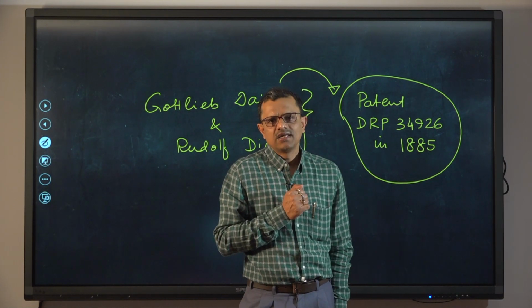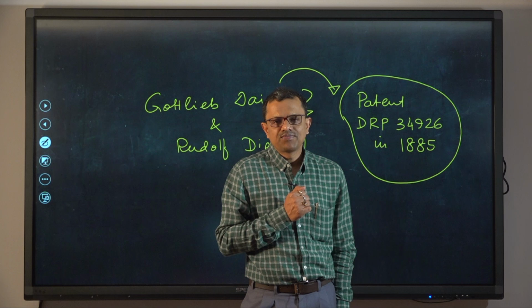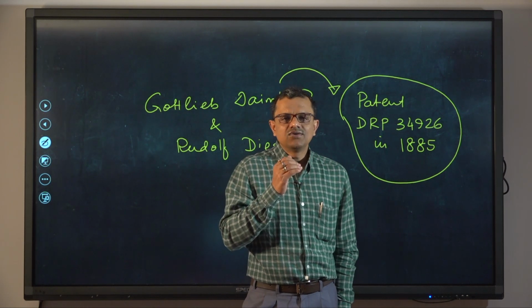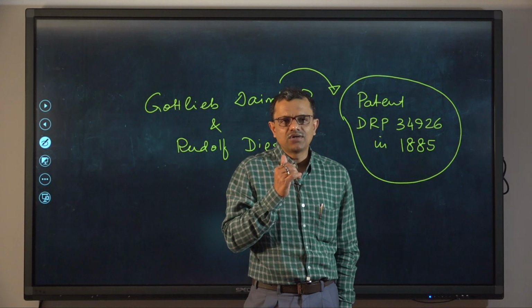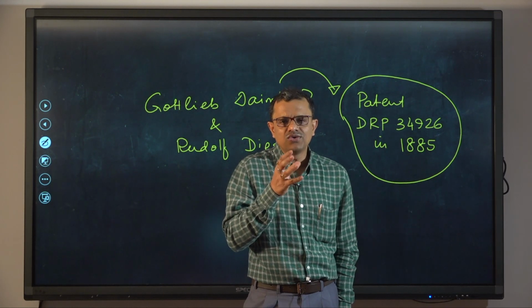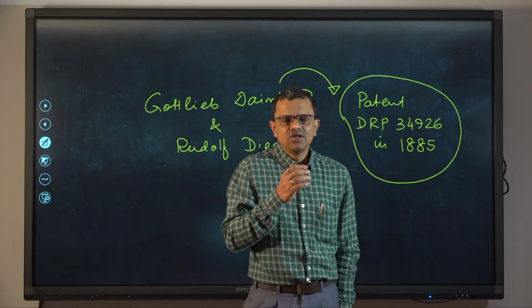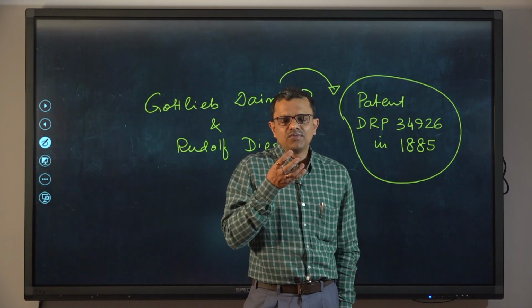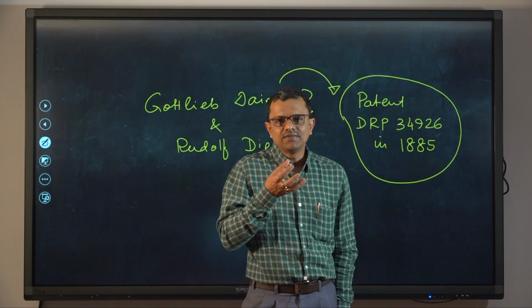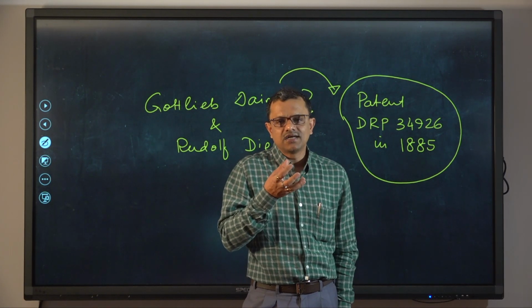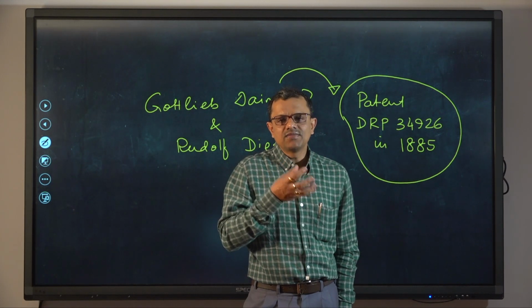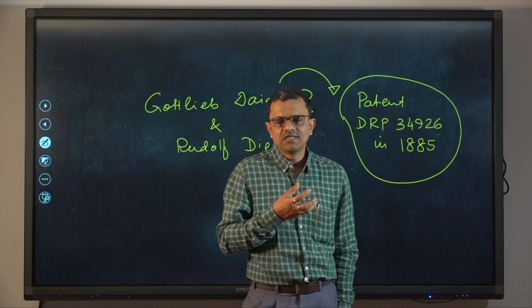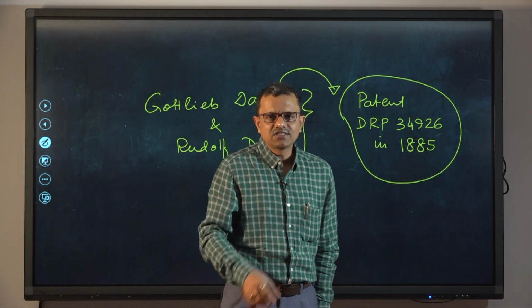That is what Daimler did long back, and that is essentially what we know as the two-stroke engine. If that downward movement of the piston can be used to compress the charge, a greater mass of air can be drawn into the engine cylinder. So, that was his concept.